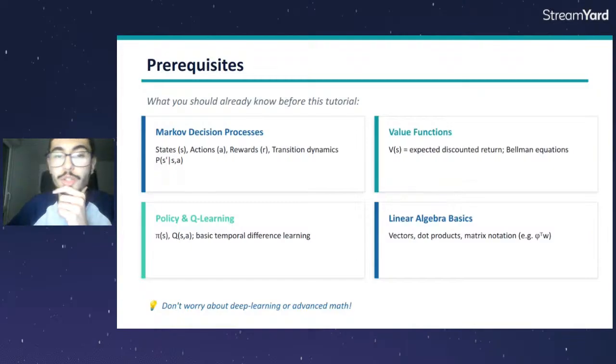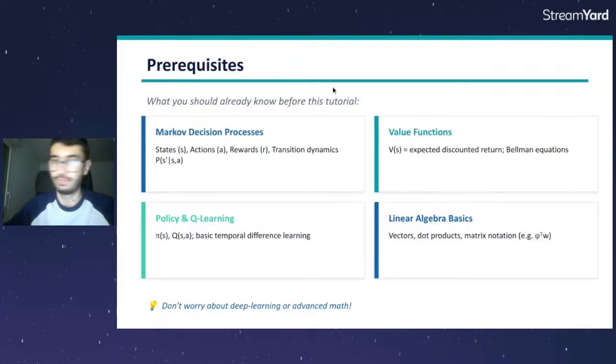A value function is very related to the Q function. A value function only takes s, and it's going to evaluate the state to know whether that state is very promising and has a lot of potential to gain a lot of rewards afterwards or not. Basically, it's the expected discounted return.